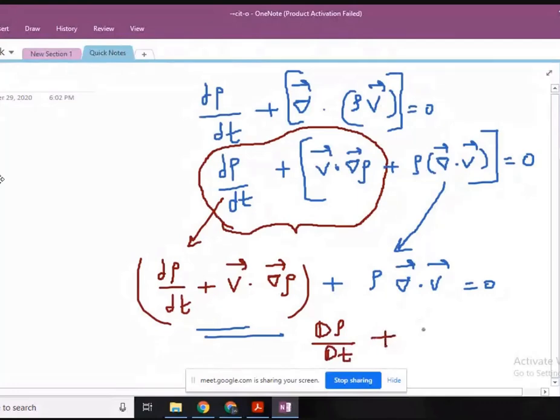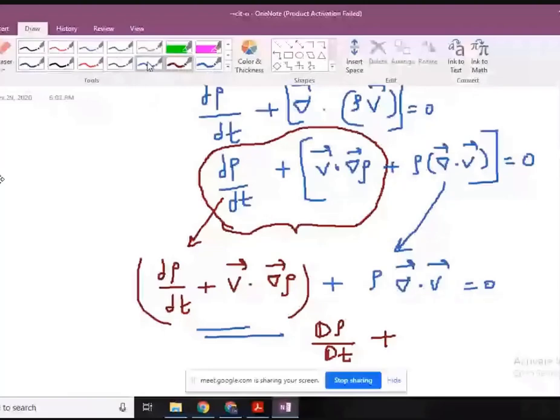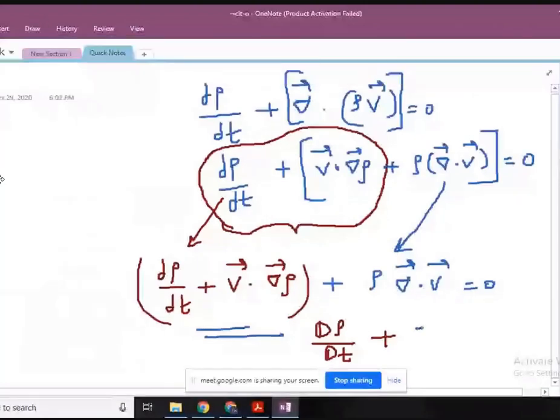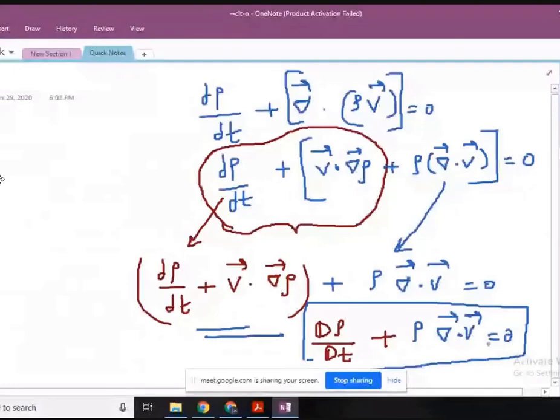So this is the form of conservation of mass which includes the total derivative of density.